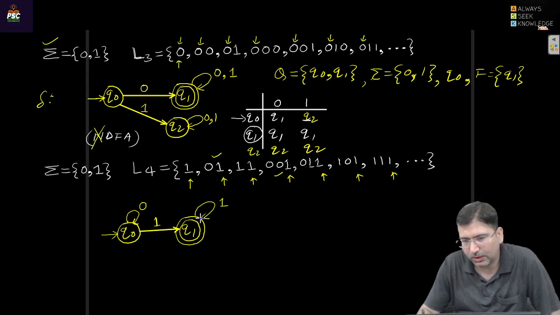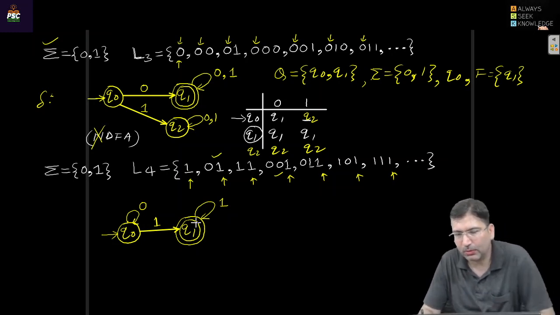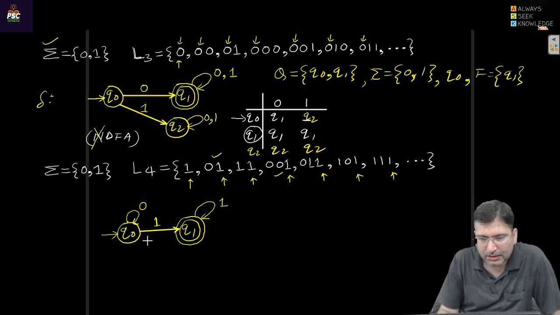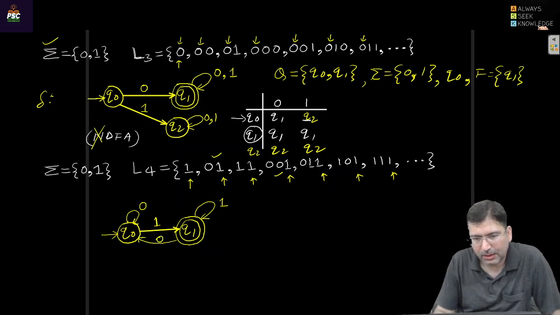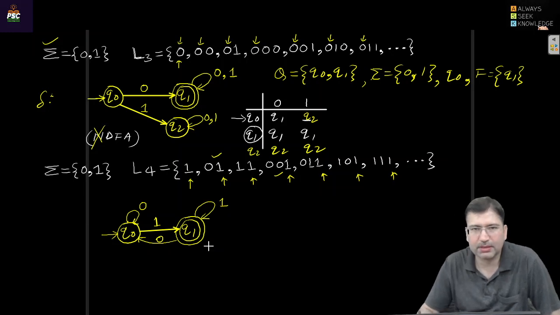So if 1 1 1 1 1 1 is coming, that is also fine, it is ending with 1 only. But when 0 comes here, you can move to the previous state and then you can follow the same pattern, right? I hope you can get it. It is not that difficult. So I am putting one transition: when 0 is coming, I am moving towards the previous state.